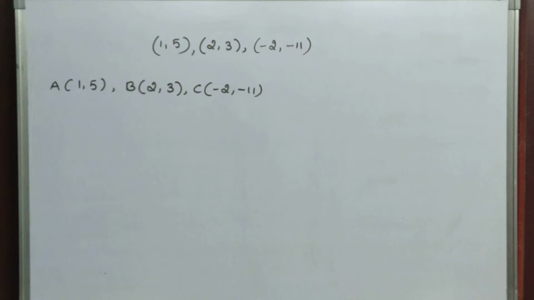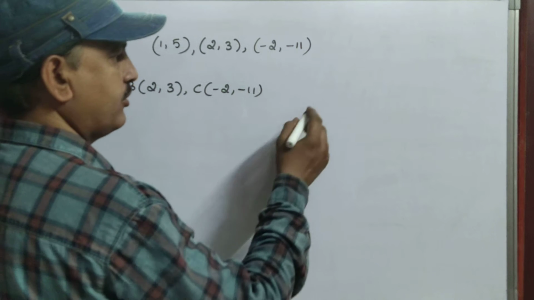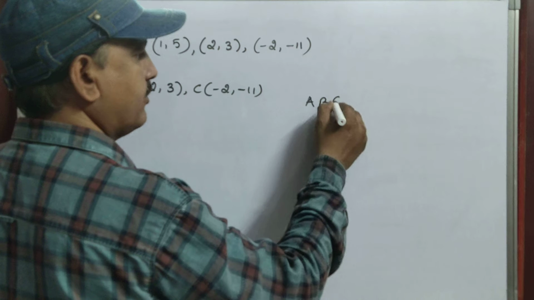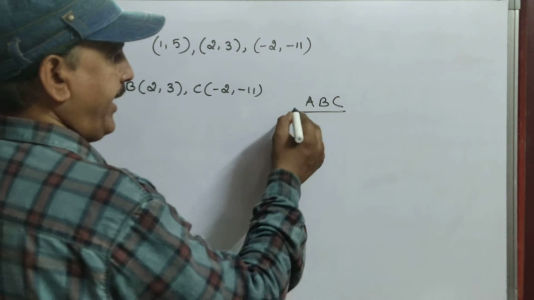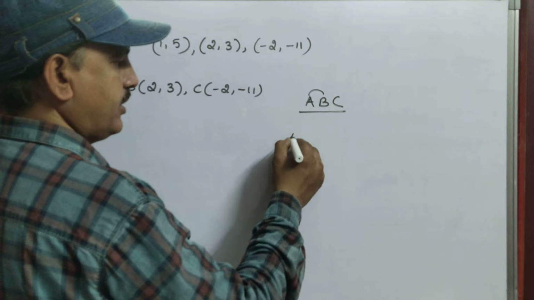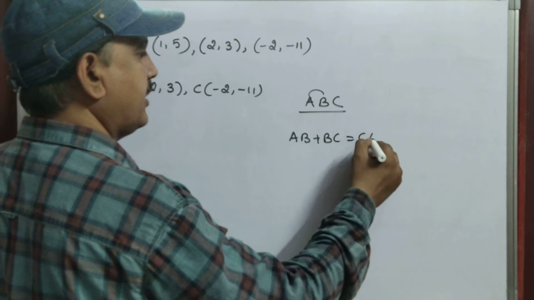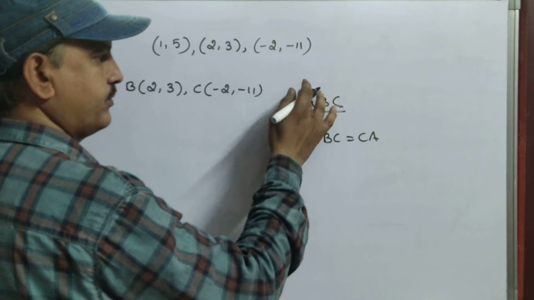In yesterday's class notes, if you have seen, you can understand, but once again I am telling you. Here I took 3 points A, B, C. Now find the distances: AB plus BC equals CA, cyclic form.